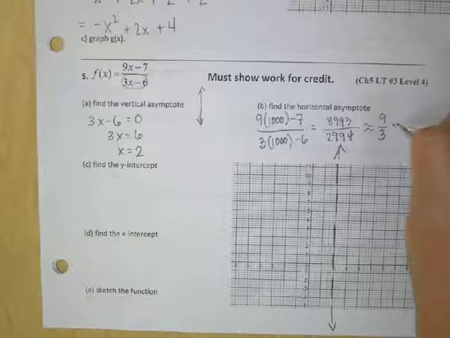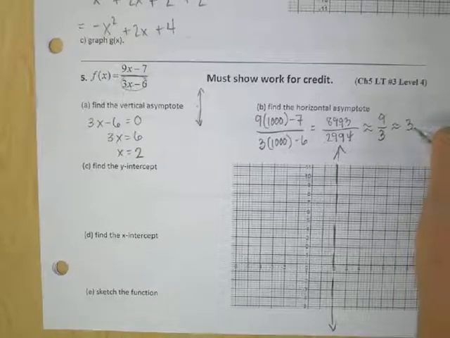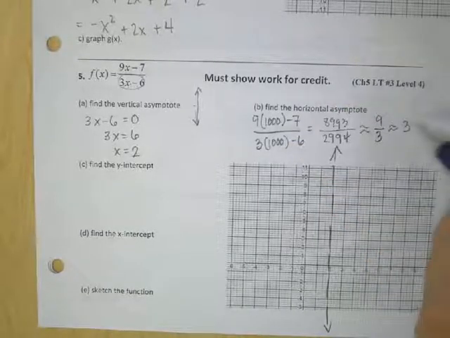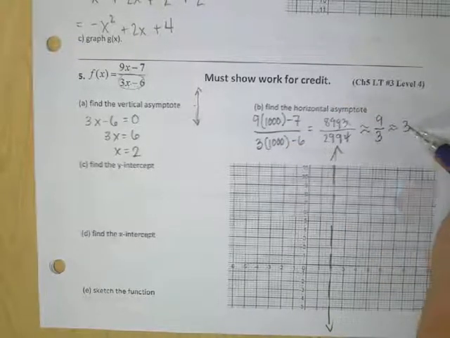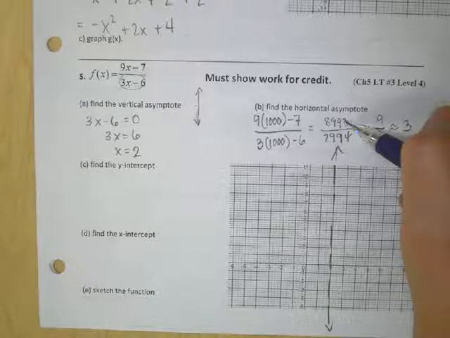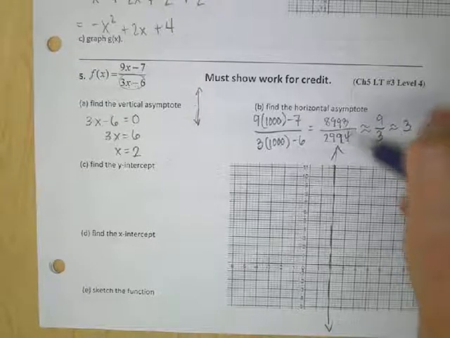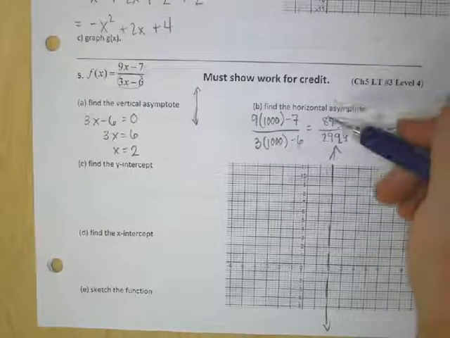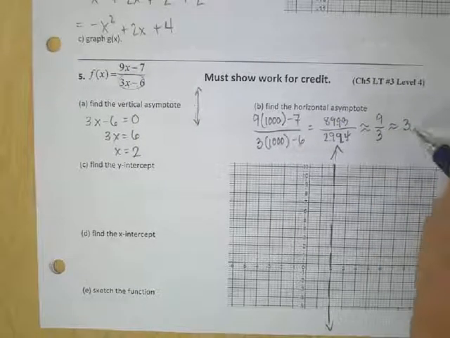That's approximately 3. So in other words, no matter how big I make the x value, I'm never actually going to get to 3, because these are never going to be divisible and get to 3 because of these little 7s and 6s here. So we're never actually going to be able to get to the number 3.